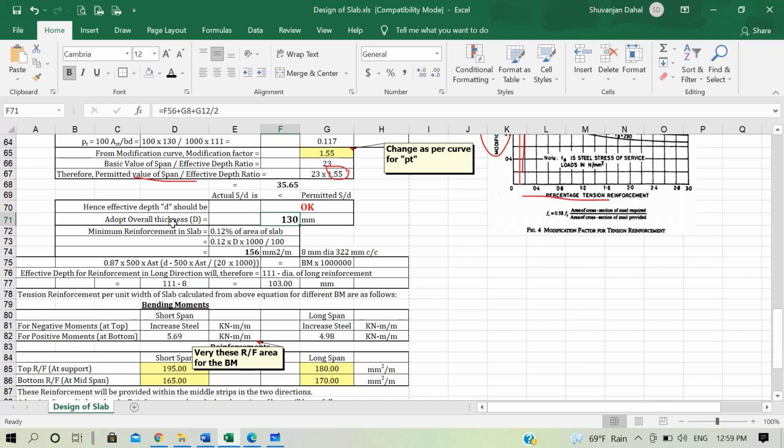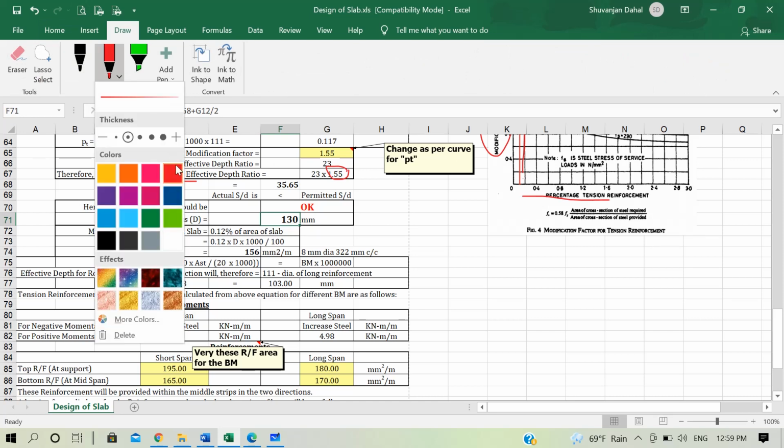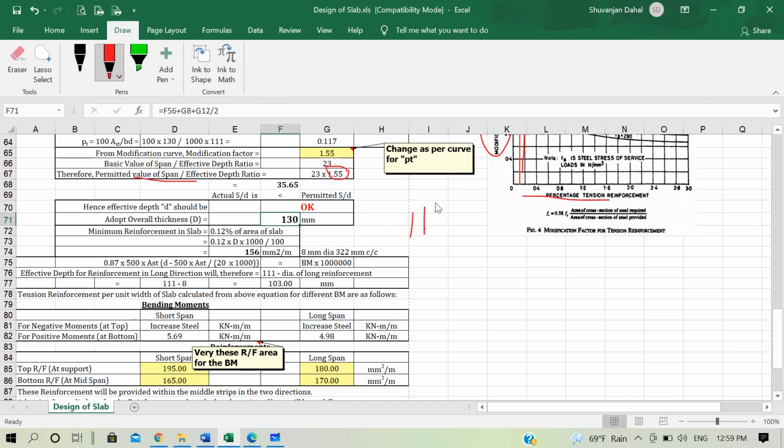Now the overall depth is effective depth plus half the diameter of the bar plus clear cover. Effective depth is 111 plus 8 by 2, that is 4, plus clear cover 15 mm, which gives 130 mm.